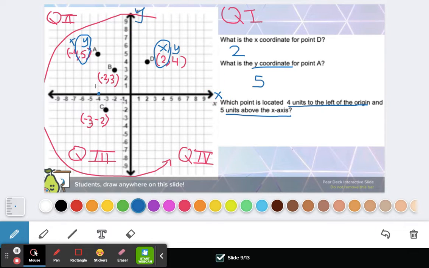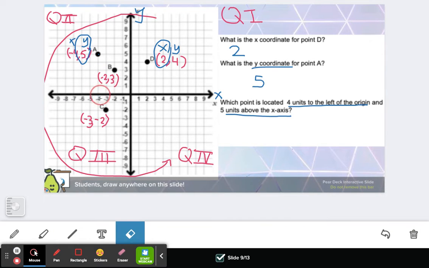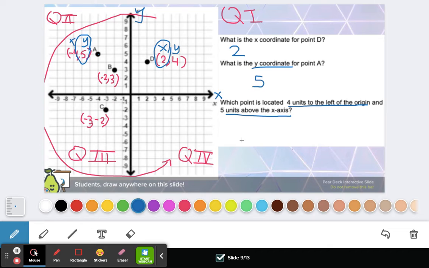So I need to go above. So I need to go up 5. So 1, 2, 3, 4, 5. And I get point A. Okay, and actually I'm going to erase this right here. So I get my point A. So I'm going to write PT. That's shorthand for point A. And I'm just going to write its location. So -4, 5.